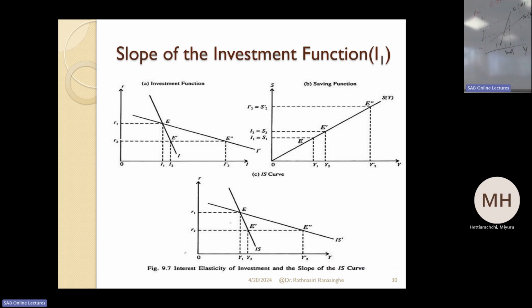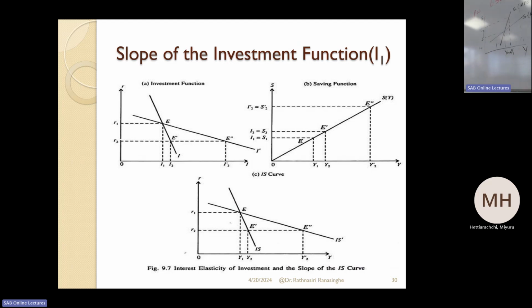You can see this is the steeper IS curve. We have low sensitivity, so a steeper curve for interest rate changes and investment changes. That means low interest elasticity of investment here, and high interest elasticity of investment here.